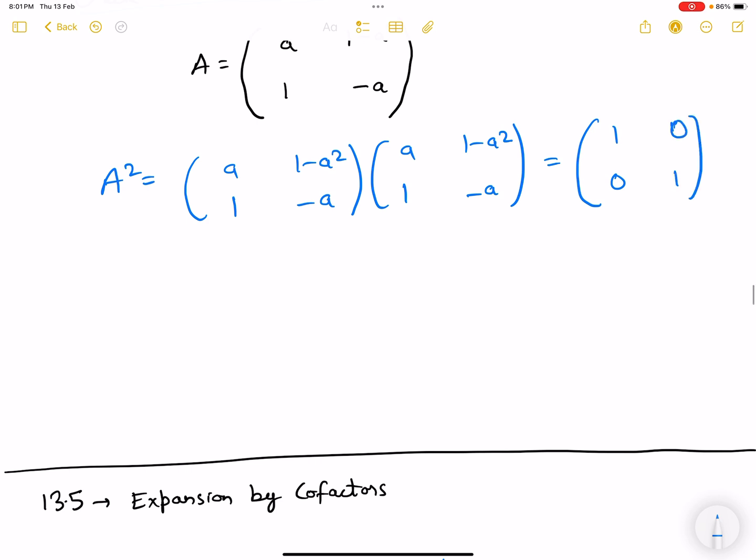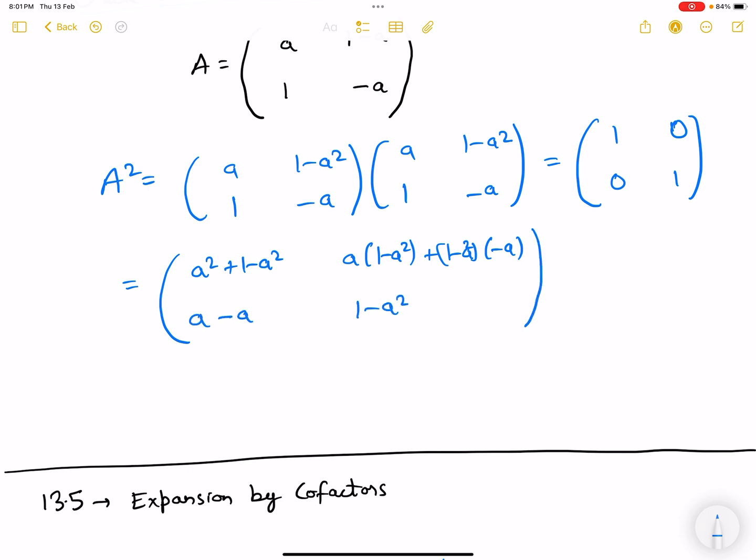So we have A square plus 1 minus A square, then A into 1 minus A square plus 1 minus A square into minus A. This is A minus A. This is 1 minus A square minus 1 minus A square plus A square.